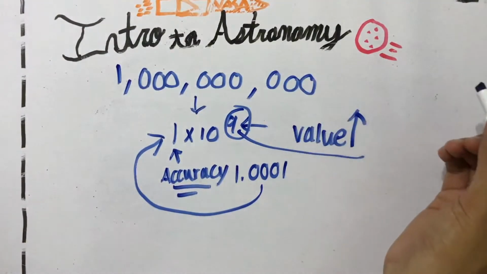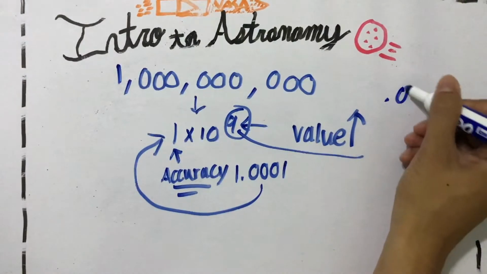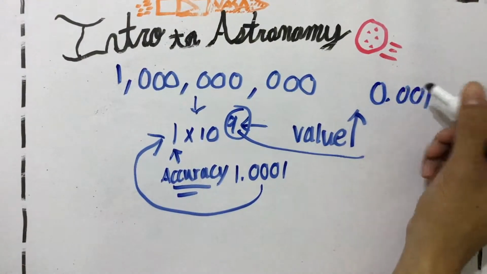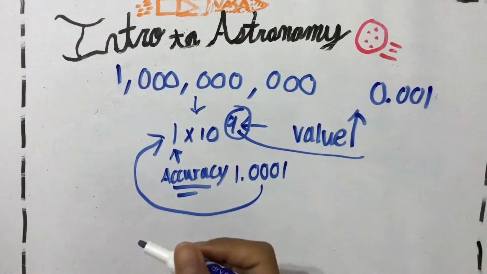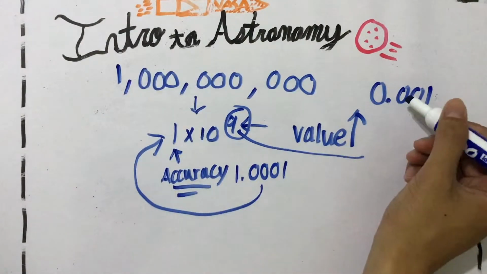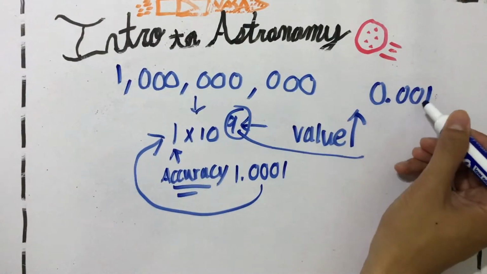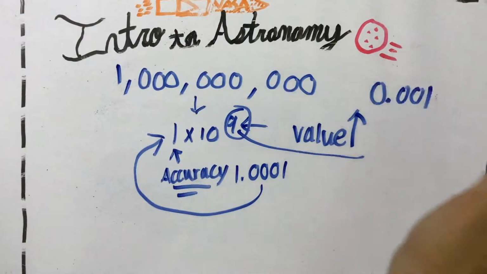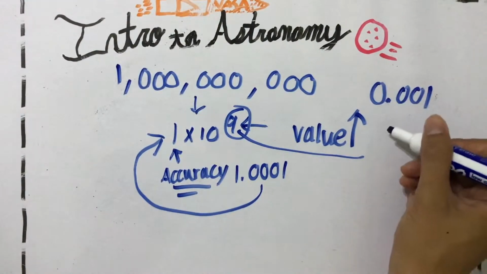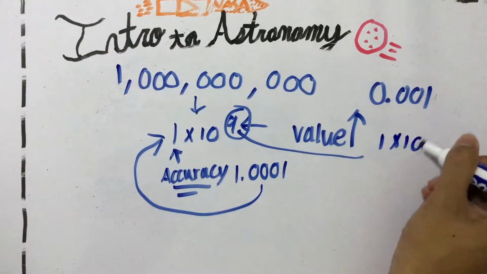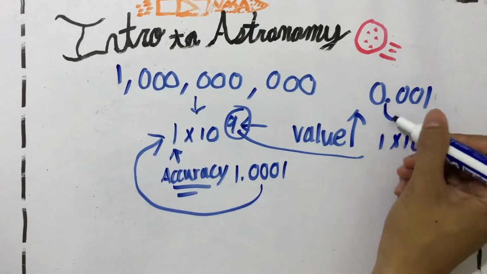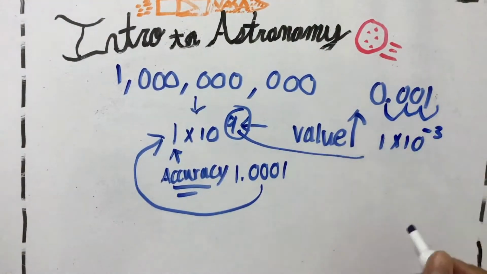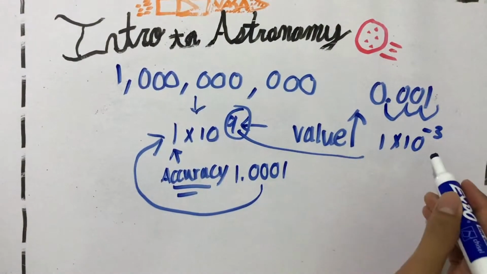So for example, let's see 0.001, and how would we put this in scientific notation? Because it's moved 3 decimal places over to the right, we can say that this is 1 times 10 to the negative 3rd, because it's 1, 2, 3. We would express it like this.